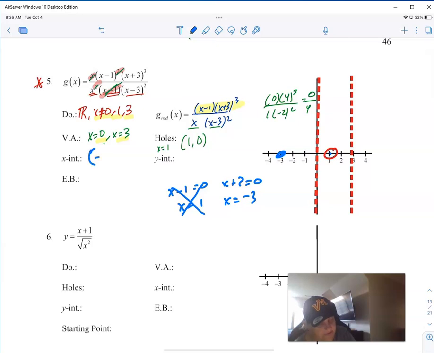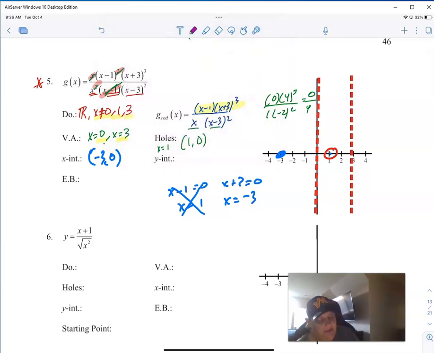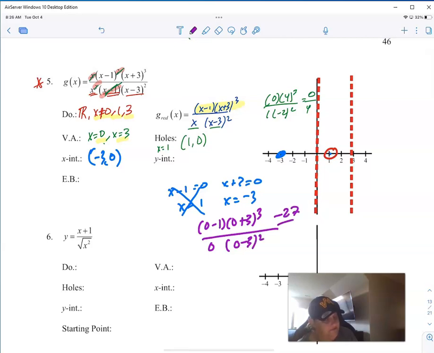So I can write that as the point negative 3, 0. If I do my y-intercept, so I plug in 0, we'll just go into the reduced one. If I plug in 0, you end up getting negative 27 over 0 times 9. Well, that's going to be undefined, so there are no y-intercepts.